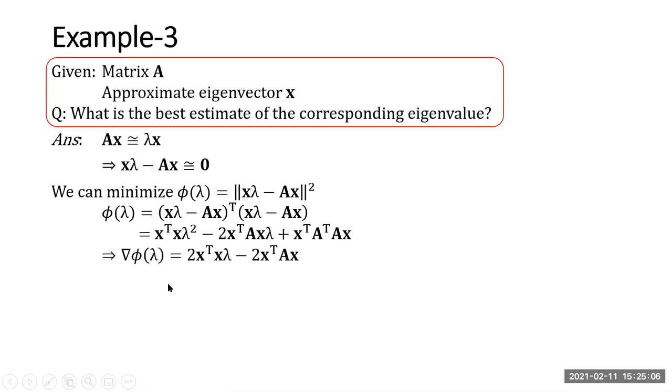Taking the derivative, I have del phi of lambda, the derivative with respect to lambda. I want to minimize with respect to lambda. So this notation is actually a little misleading. It's a scalar derivative, right? Instead of a gradient, you can just replace it with d over d lambda. So anyway, the derivative of phi of lambda with respect to lambda is this.